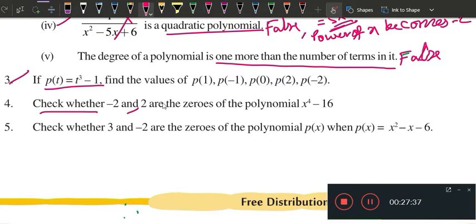Is minus 2 a zero or not? Now only we discussed about this. See, given polynomial p of x equal to x power 4 minus 16.